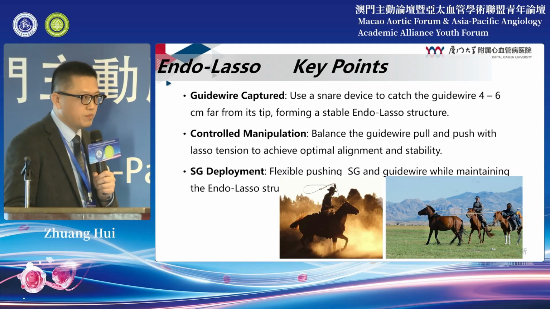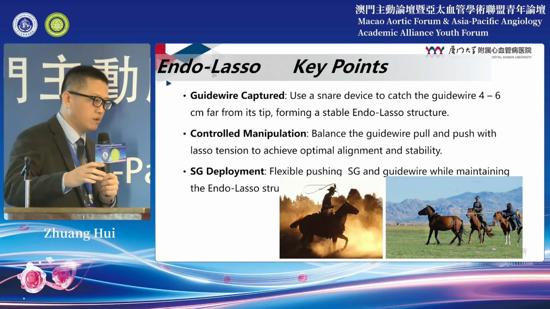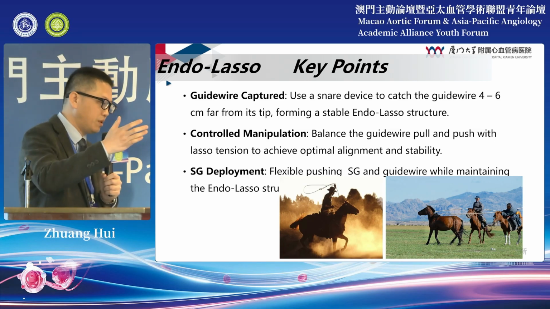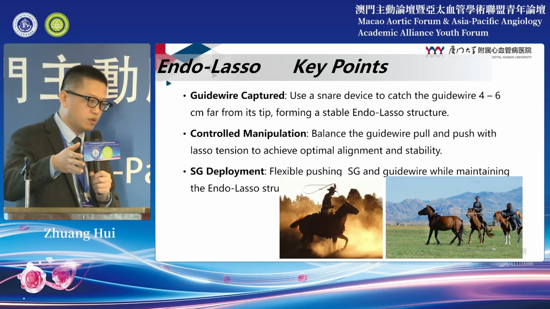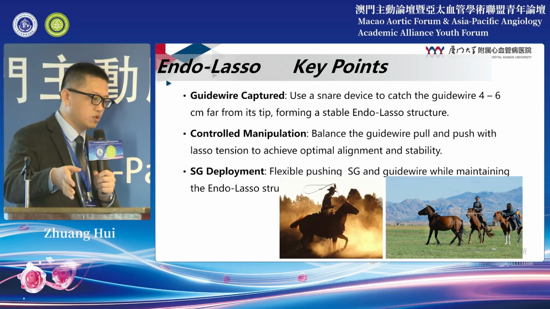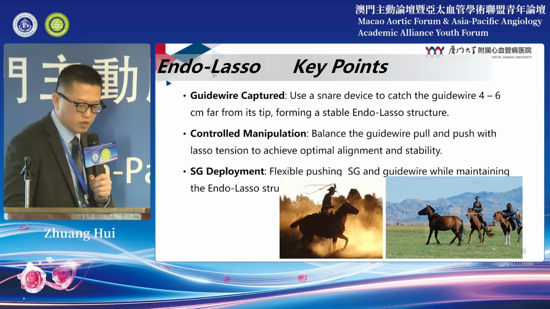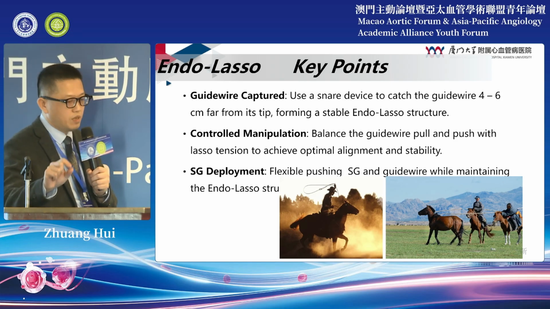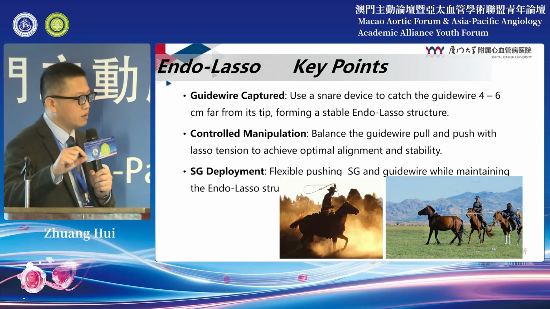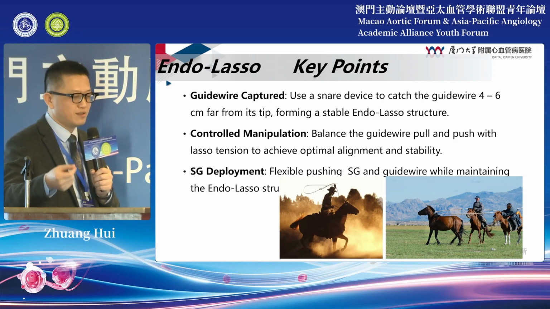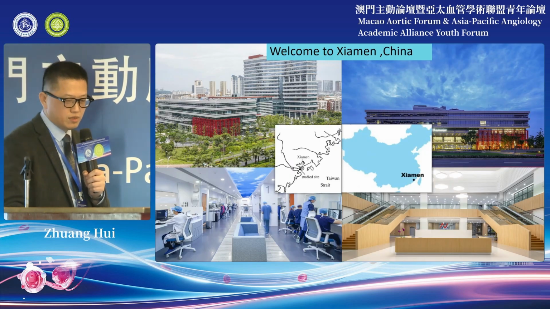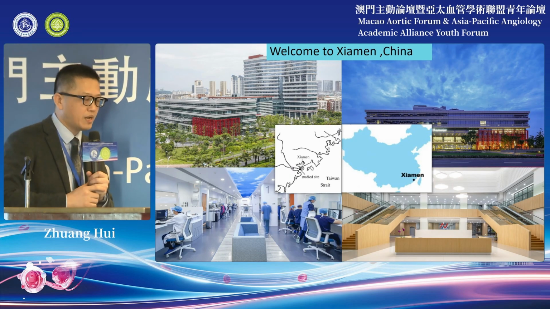But I think maybe in the future we will have better stent grafts. We may solve a lot of problems. And for those tortuous neck AAA, maybe this technique will not be the first choice in the future, but I think you can use it as a backup technique.